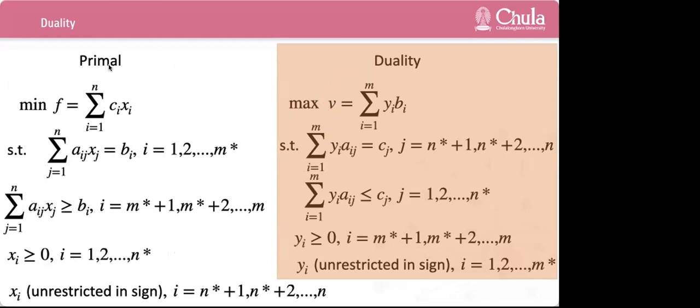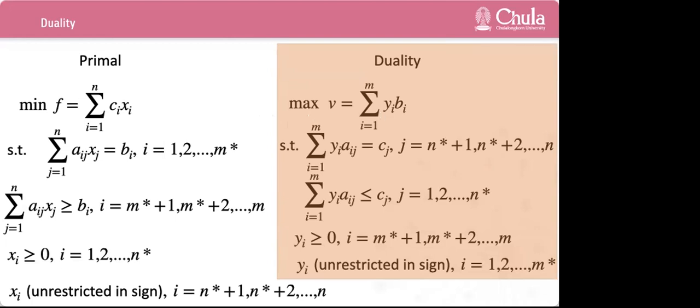The dual of this primal problem becomes a maximization of a new objective function, which this time is the summation of bi yi. And you see that the number of decision variables in the primal problem is different from the number of decision variables in the dual problem.